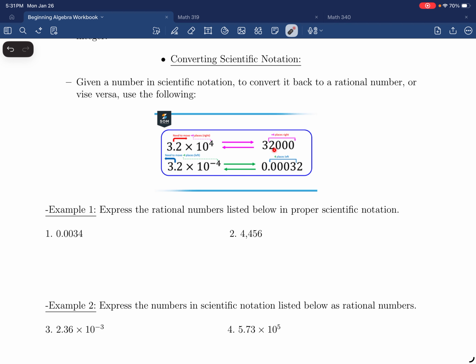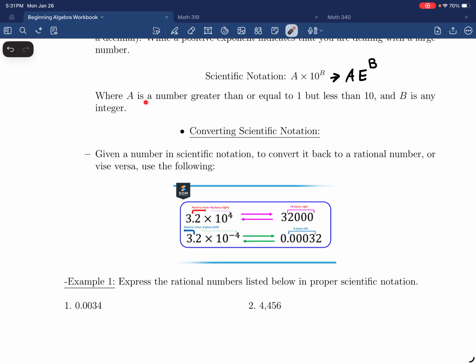Alright, taking a look at example 1, we are asked to express the rational numbers listed below in proper scientific notation. For the first example, we are given 0.0034. Whenever we are dealing with scientific notation, there's a note up here that I didn't go over per se: a is going to be our decimal, but specifically our decimal needs to be greater than or equal to 1 but less than 10.